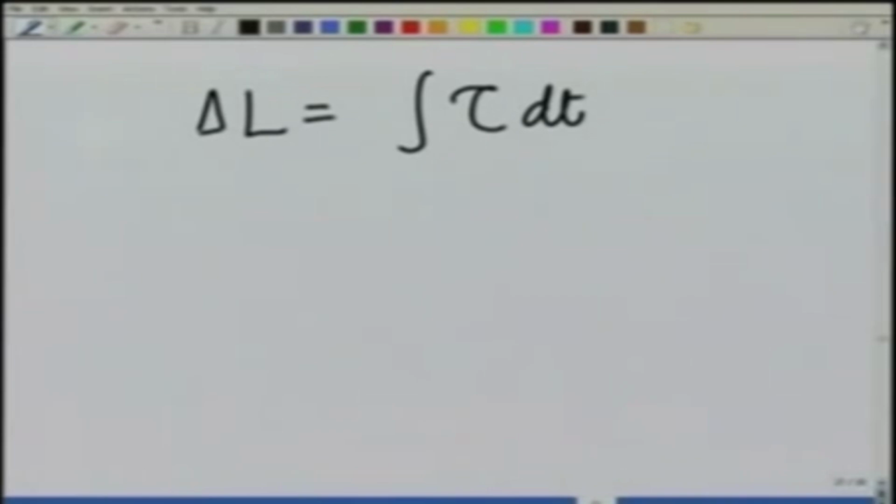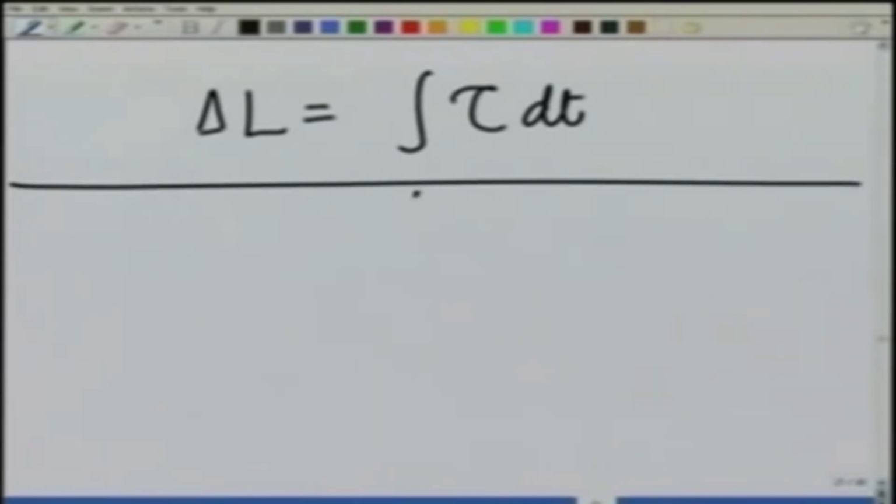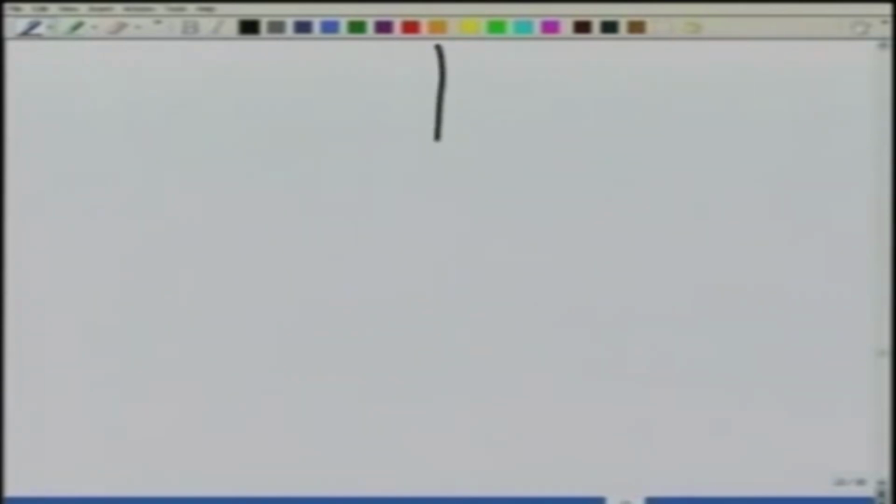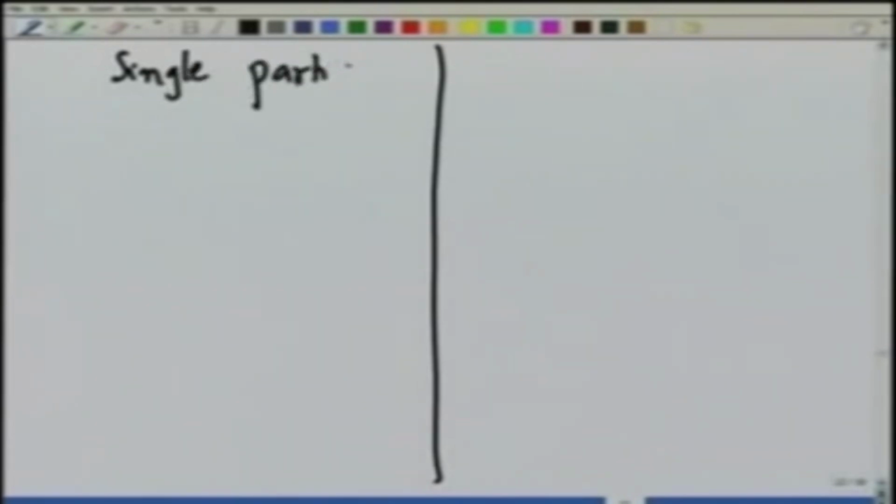So, let us see in the case of rotation about a fixed axis, what are the equivalent quantities of single particle and rigid body dynamics. So, let me write single particle here and a rigid body here.